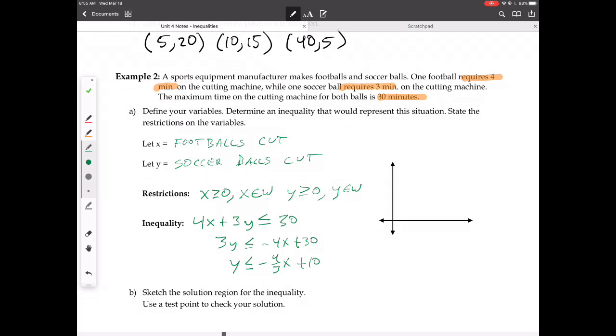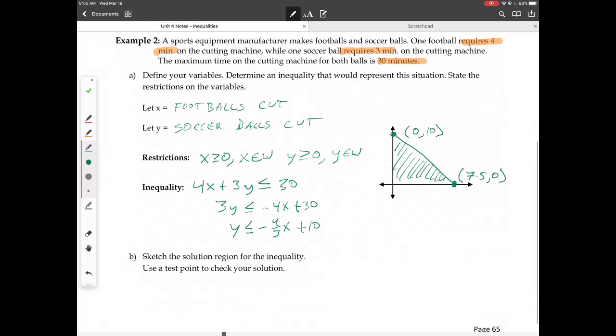I'm going to graph it out on my calculator, and because it's going to be a rough sketch on here, I'm just going to state where my actual intercepts are. In this case, my intercepts are at (0, 10) and (7.5, 0), and the solution region is going to fit with anything within this range.